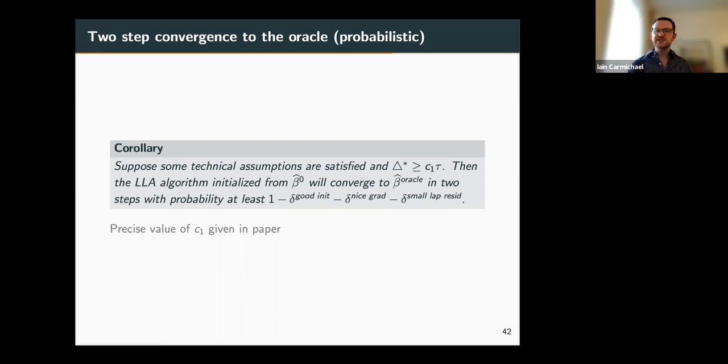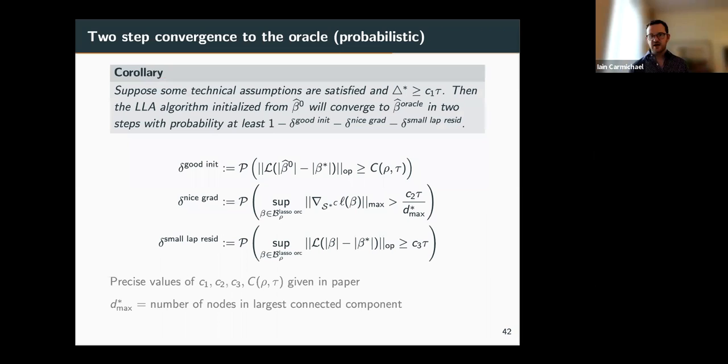Now I'm just going to restate it in probabilistic language. Let's suppose some technical assumptions are true, and let's assume that our target gap is some constant times our tuning parameter tau. Remember, tau is the tuning parameter of the Laplacian penalty. Then the LLA algorithm initialized from beta naught converges to the oracle in two steps with probability at least 1 minus a few terms, and I can give you explicit expressions for all of these terms.